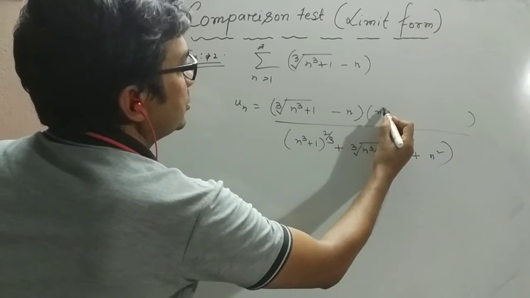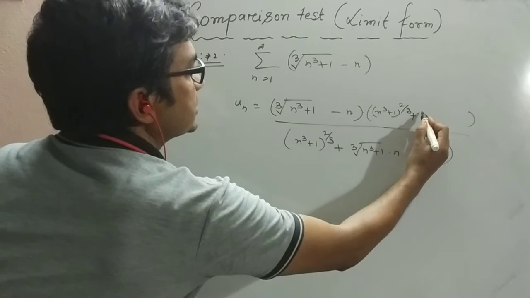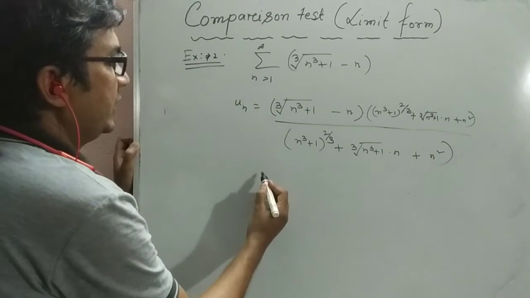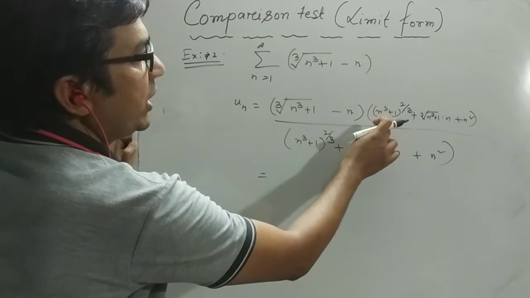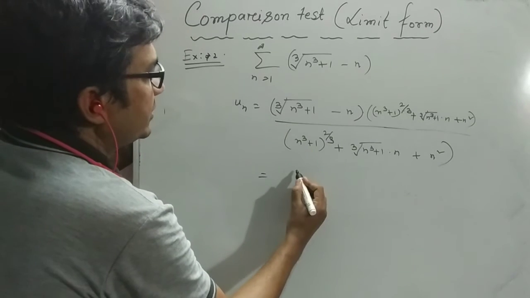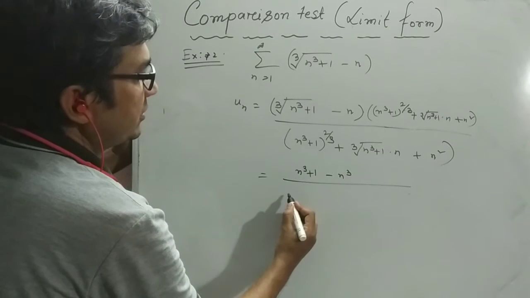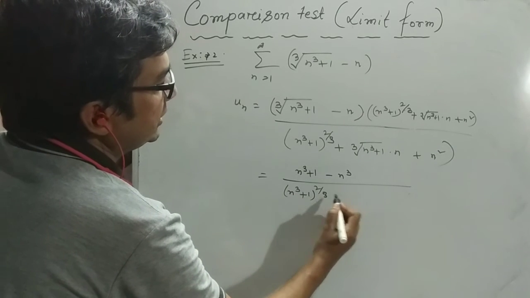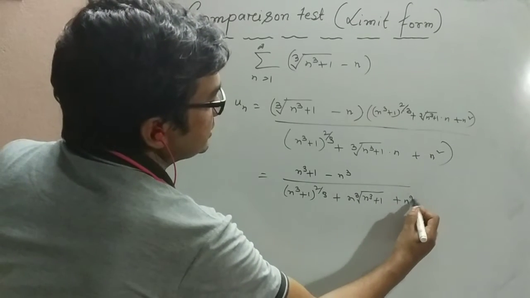Here we use the formula (a minus b) into (a square plus ab plus b square), so this is a cube minus b cube. a cube means n cube plus 1, b cube means n cube, and the denominator is the same: (n cube plus 1) whole to the power 2 by 3 plus n into cube root of (n cube plus 1) plus n square.